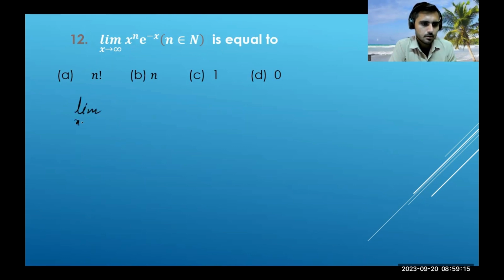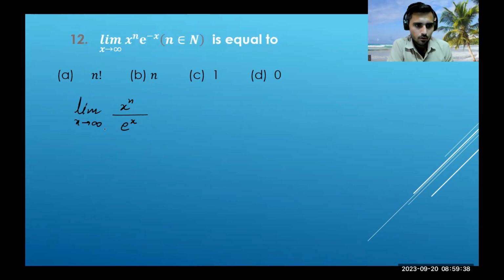Limit x tends to infinity of x raised to the power n times e raised to the power minus x. It was a negative power, so we have written it in the denominator. So x raised to the power n upon e raised to the power x. Now if we substitute the limit, we get infinity upon infinity, so it is just an indeterminate form. So what we'll do again, we are going to apply L'Hospital, right?